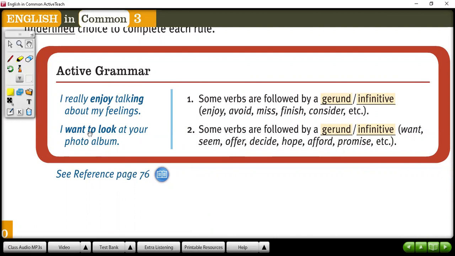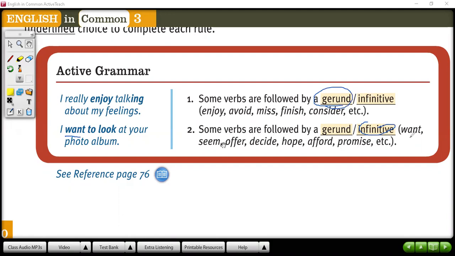And also we have other verbs that need infinitive. In this case, we have want that needs infinitive. Okay, so some verbs are followed by infinitive, some verbs are followed by gerund.